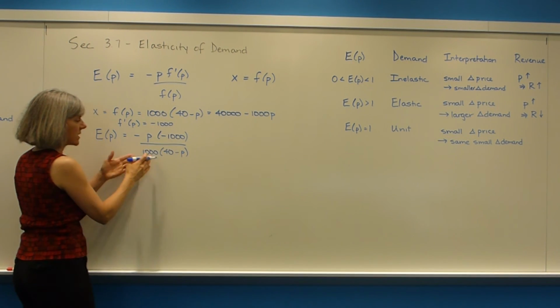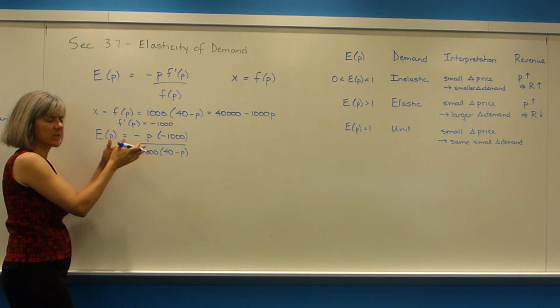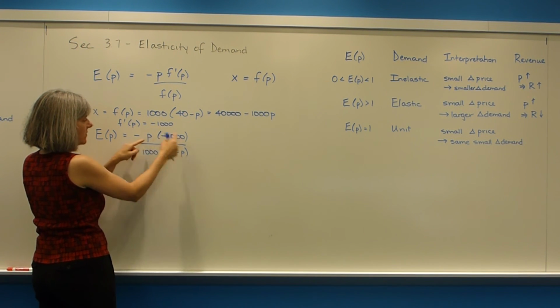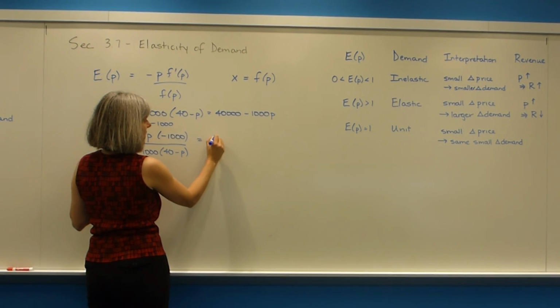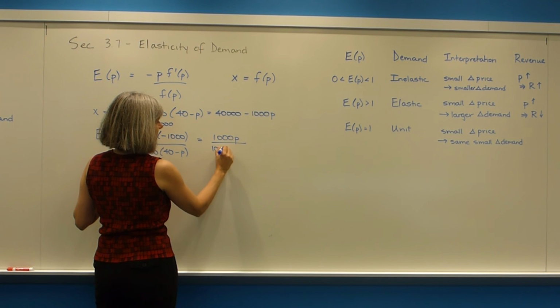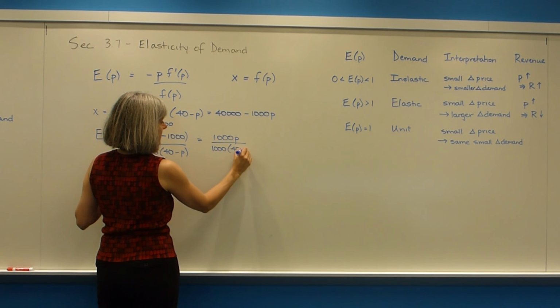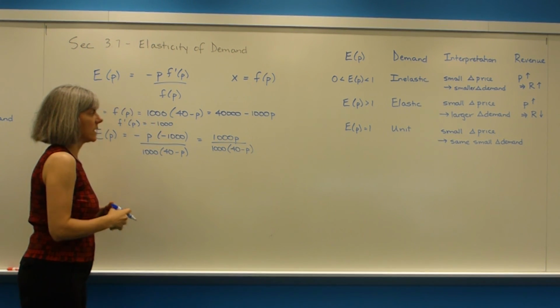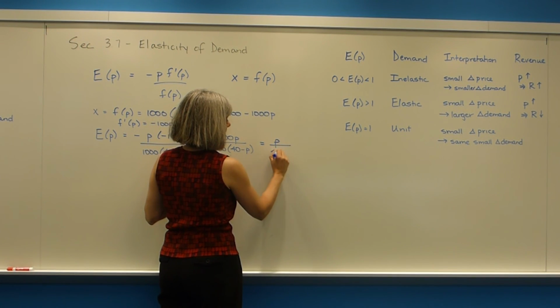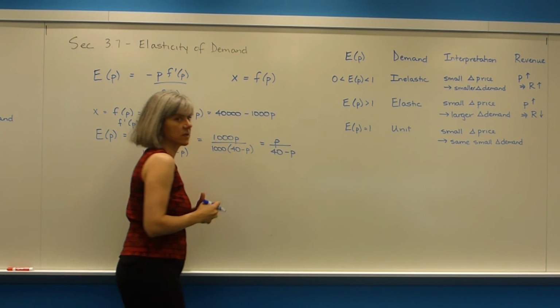Here is again where I encourage you to keep the 1,000 factored out because typically there's some canceling. So let's clean it up. Positive times positive, put the 1,000 in front, so we'll get 1,000p divided by 1,000 times 40 minus p. Okay, the thousands cancel, so finally we get p divided by 40 minus p.